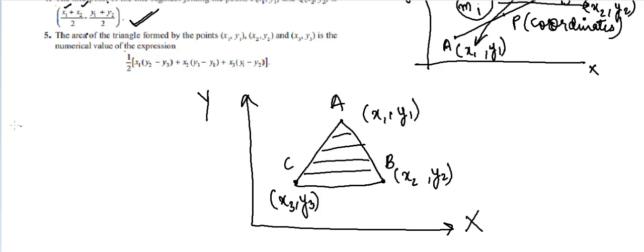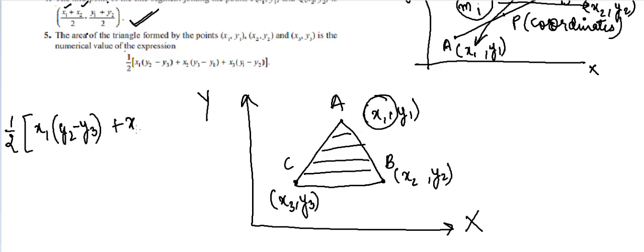It says half. First you take x1, and you take the coordinates other than y1: y2 minus y3. You take the other two except y1.